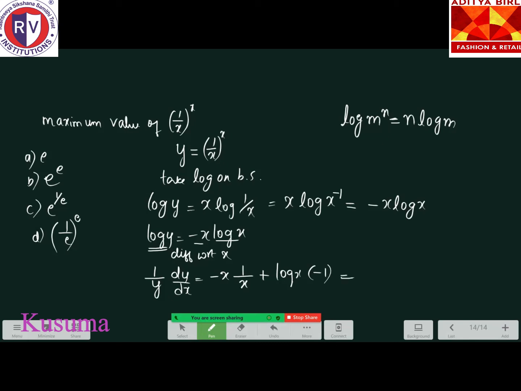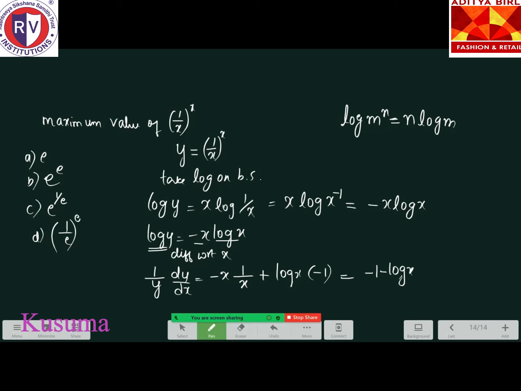That is minus 1 minus log x, right? So x and x cancel to give us minus 1. So minus 1 into log x will be minus log x. This is our 1 by y into dy by dx.